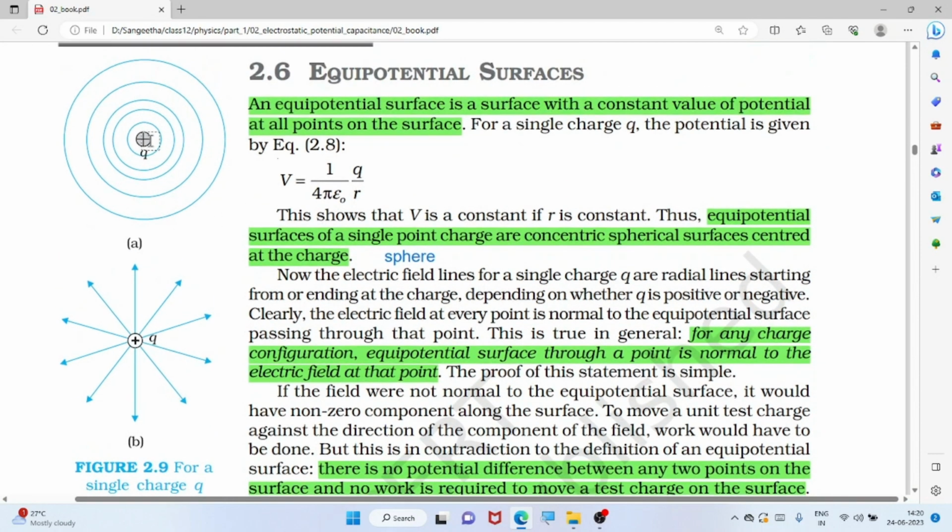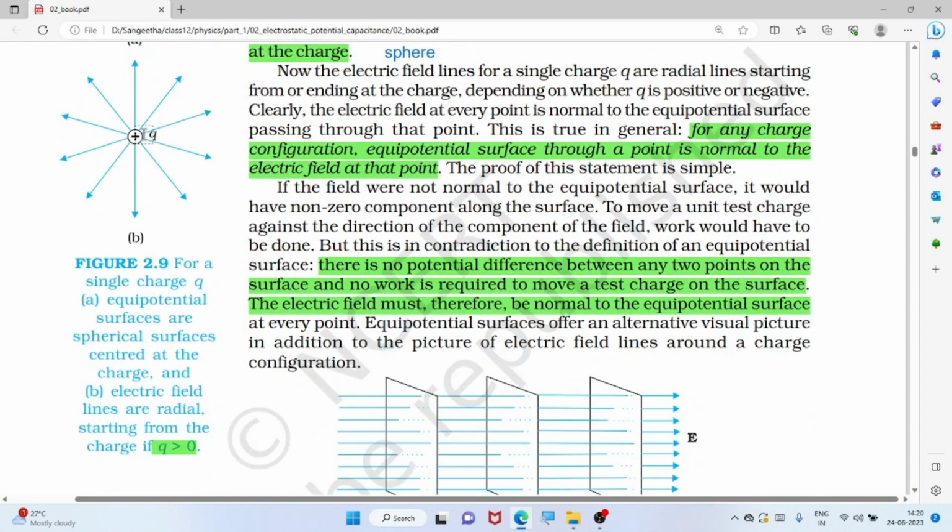See here, this is a single charge. These circles are the equipotential surfaces because potential varies with the distance r, so the same distance will have the same potential. This is how the electric field lines look.